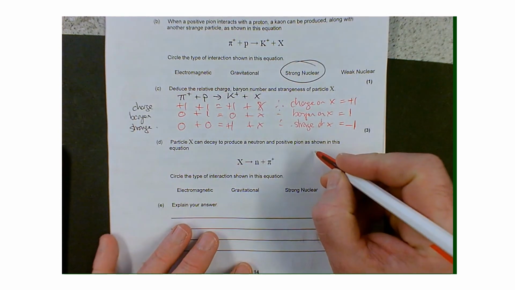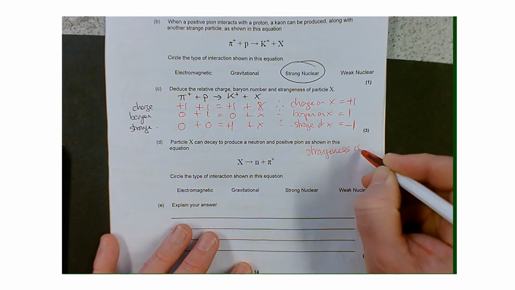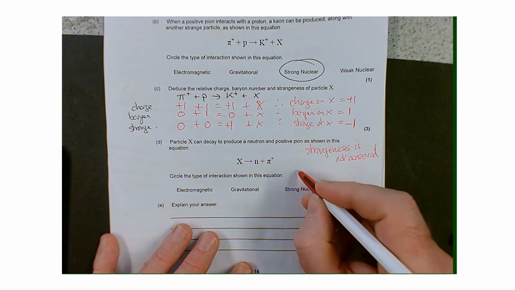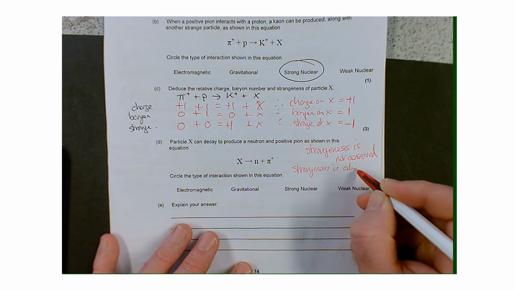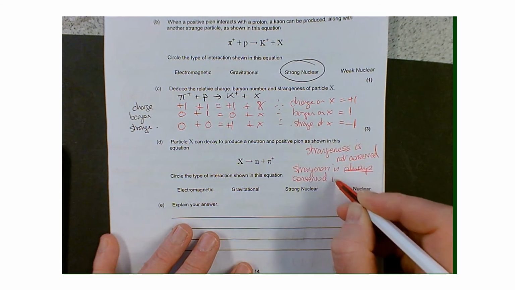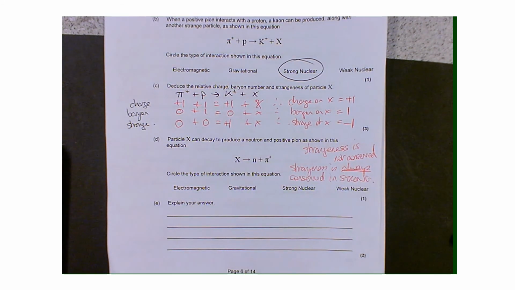The other way you could say this is strangeness is not conserved, and strangeness is always conserved in strong interactions. The strangeness is not conserved.